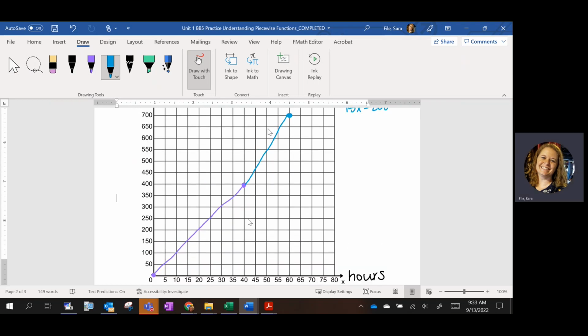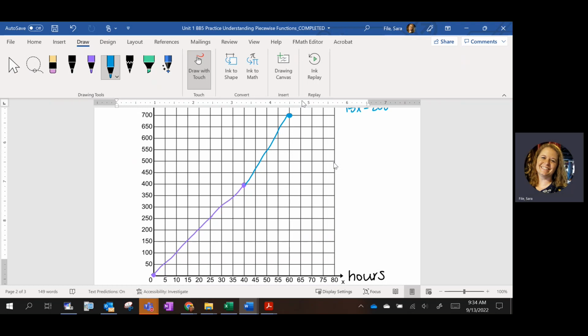But it's a little harder to tell on there, but you can definitely see that it turns up and has a steeper slope, right? Okay, so this was a slope of 10, and then this is a slope of 15. So it got a little bit steeper from 40 to 60 hours because your rate increased from 10 to 15.